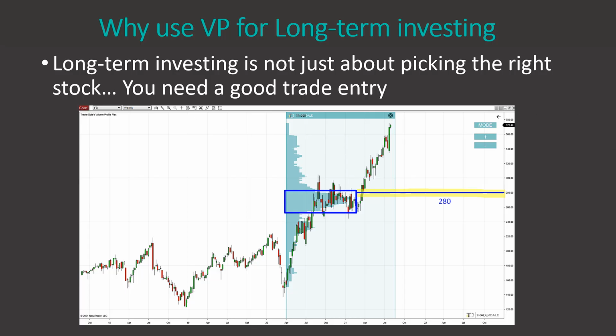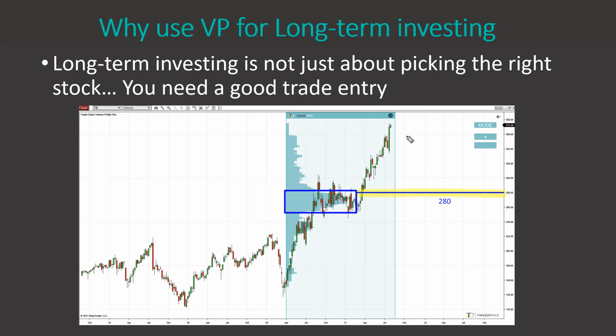If you look at the picture, this is Facebook stock, right? And there's a crazy strong uptrend, and buying that stock just because you like it fundamentally anywhere, that would mean in here at historical maximums right now, that wouldn't really be smart. So you need a good trade entry.